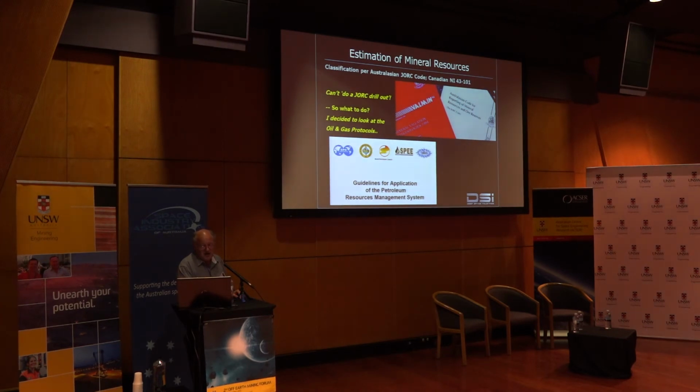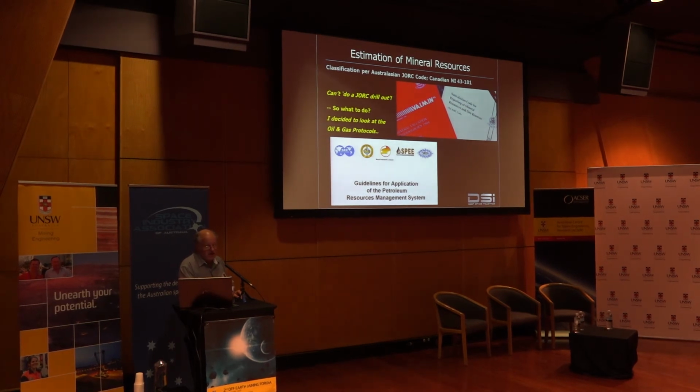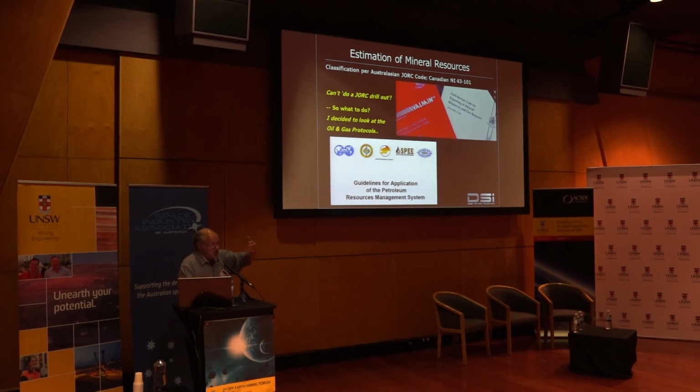There's a thing called the JORC code, the Joint Ore Reserves Committee of the Stock Exchange and OEMF. And the Canadians use National Instrument 43-101 to substantiate their claims of what they think they've found. If you don't work through these things, or something that can be seen to be parallel to them, then the stock exchange won't believe you.